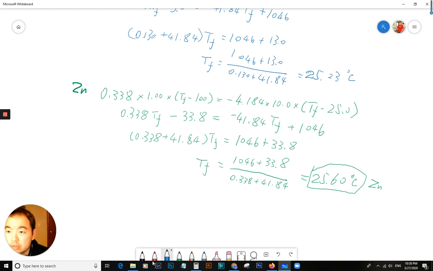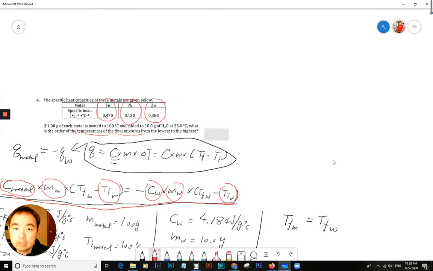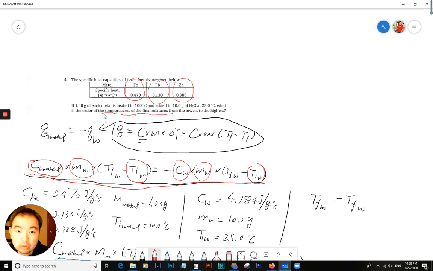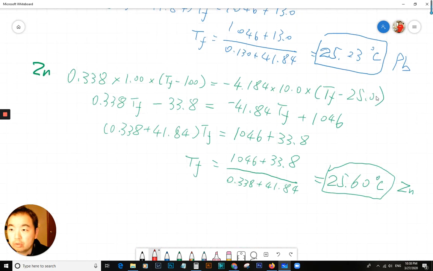This number is for the lead, and on the top we see this number is for the iron. Okay, so you can make an order now. What does the question ask for? The question asks for the order of the final mixture temperature from the lowest to the highest. The lowest is the lead.